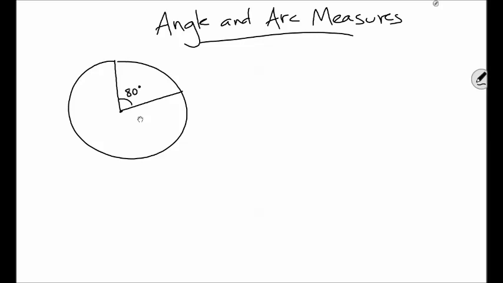Okay, the first thing to talk about is that we can also talk about the angles of arcs. So this is arc AB. Then the measure of arc AB has both a length, which we'll talk about in a future lesson, but also an angle.